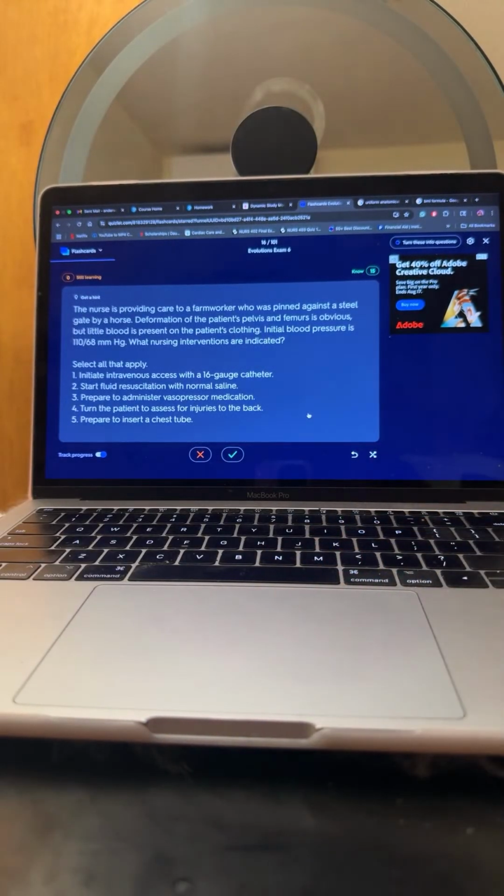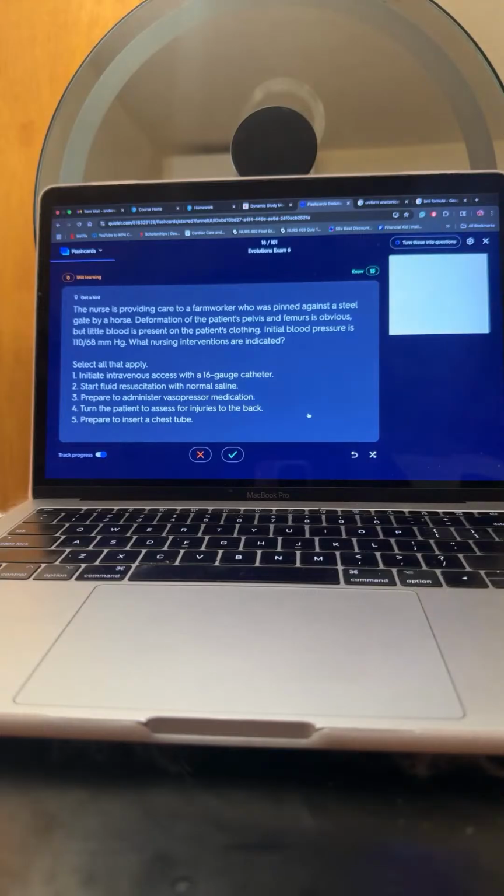The nurse is providing care to a farm worker who was pinned against a steel gate by a horse. Deformation of the patient's pelvis and femur is obvious, but little blood is present on the patient's clothing. Initial BP is 110/68. What nursing interventions are indicated?